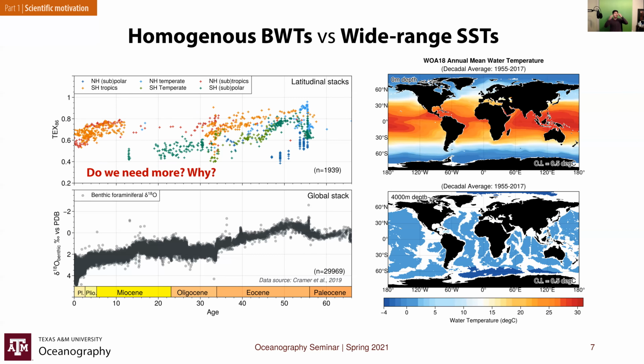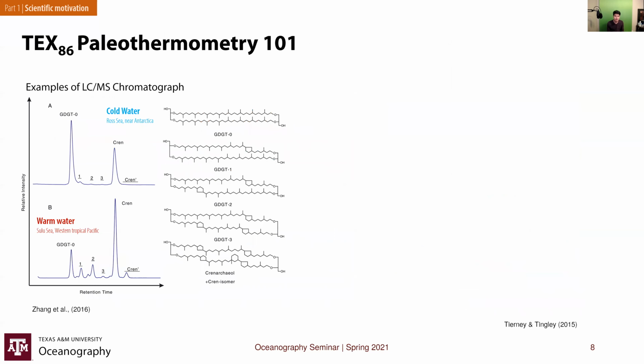Some people might ask what you're going to do next when you have it completed. We'll talk a little bit about it. But first, let me introduce how TEX86 works as a paleothermometer, how we can use these lipid biomarkers to inform us about the sea surface temperature in the past.